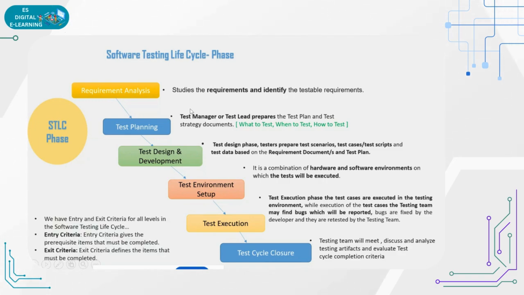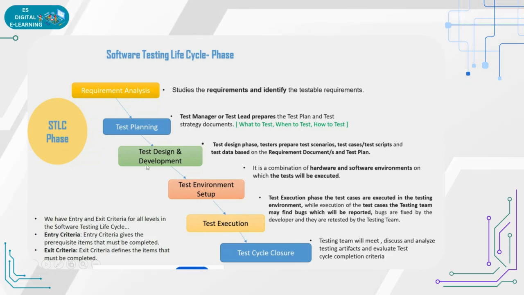For each and every phase, like requirement analysis, there are entry criteria, like what are the requirements you consider, and what are the requirements you should close. So there will be entry criteria and exit criteria for all the levels. Entry criteria tells what items you need to complete.